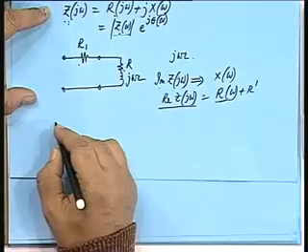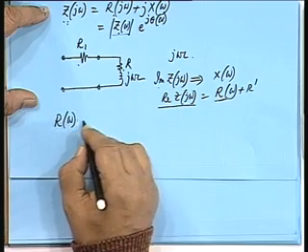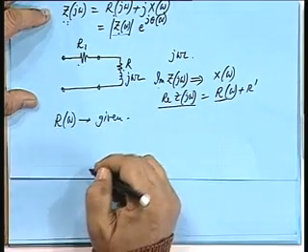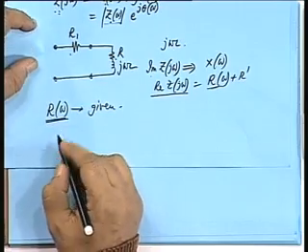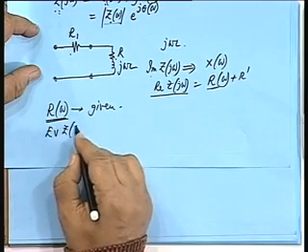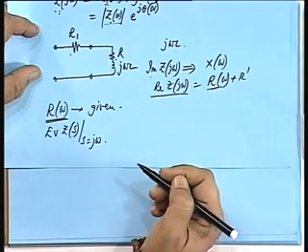Now, suppose you are given the real part. How do you realize ZS? Let us take a very simple case. If R omega is given, what will be ZS? Now, R omega is basically the even part of ZS when I put S equal to j omega, is it not?